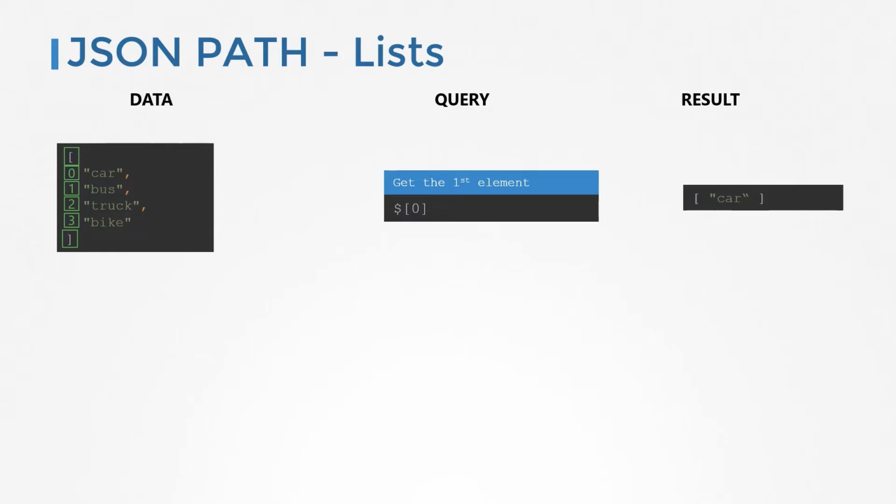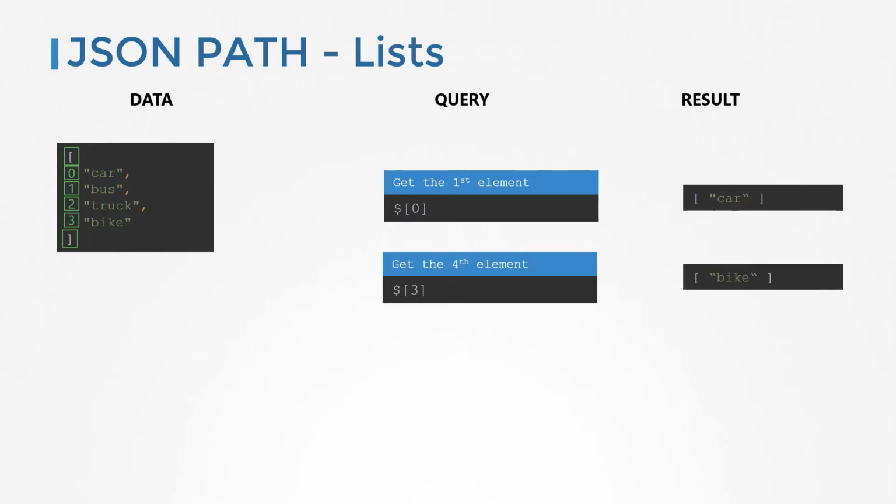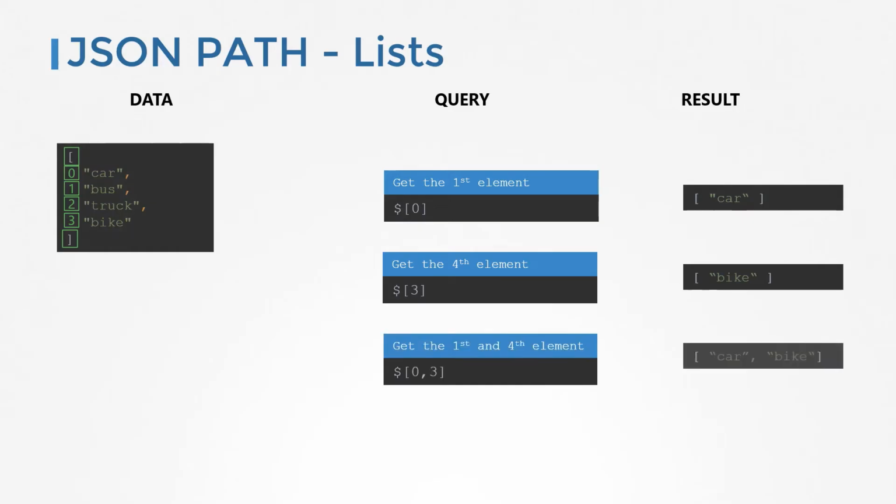So to get the first element in my list, I say $[0]. To get the fourth element, I would say $[3]. If I want the first and the fourth element, I could do 0,3 within the square brackets like this.